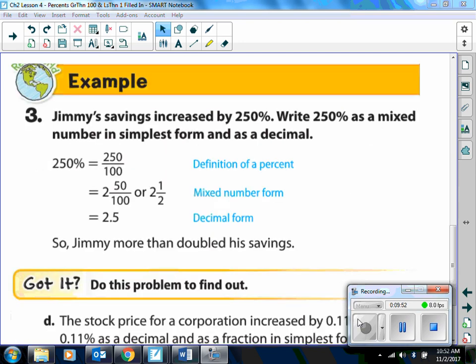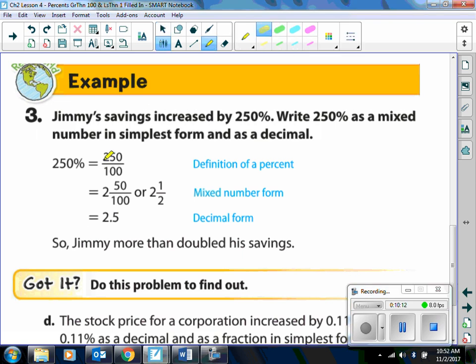So, example 3 says, Jimmy's savings increased 250%. We want to write 250% as a mixed number in simplest form and as a decimal. So, once again, 250% means 250 per 100, right? So when we have 250 per 100, that's 250 over 100.